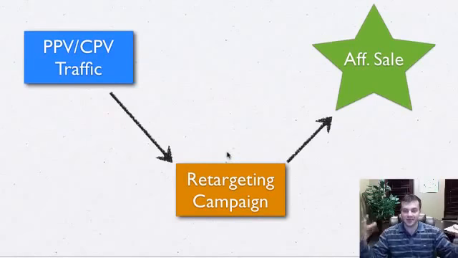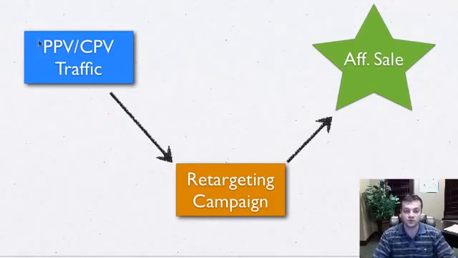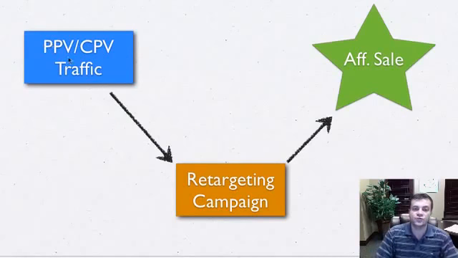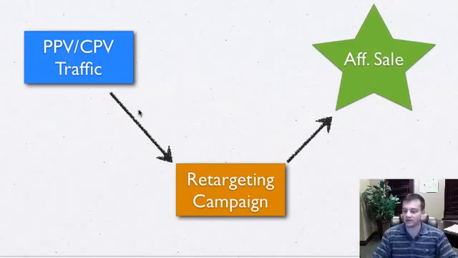And again, those people are laser targeted if you did your CPV research properly. You're just going after laser targeted people, and you're building this following that you're going to be following on the internet. And then they come back to your site, and boom, you have your affiliate sales, spending very, very little money.